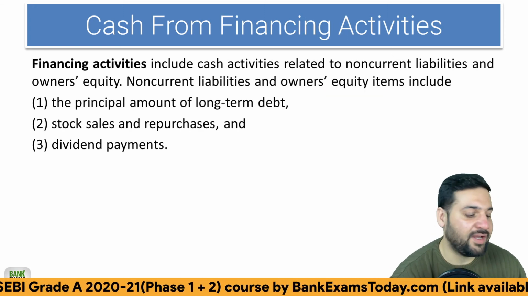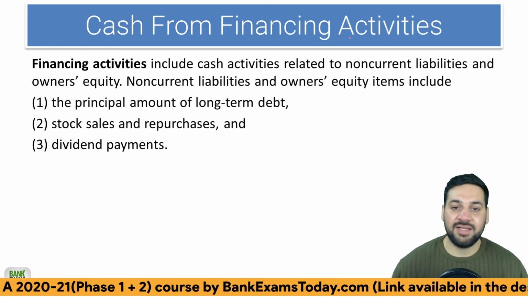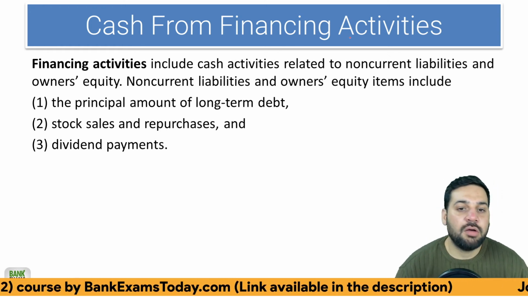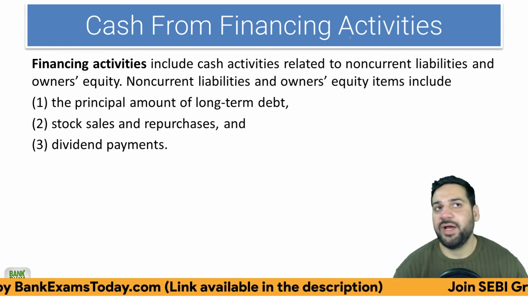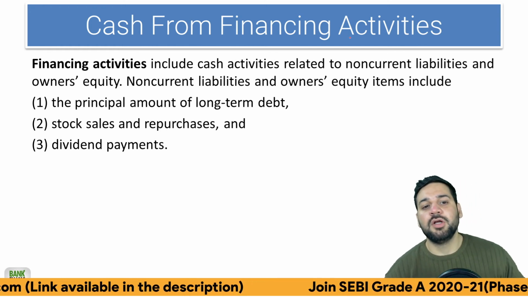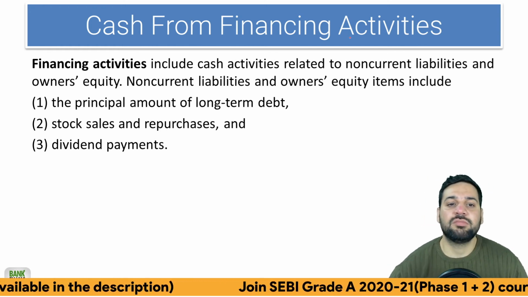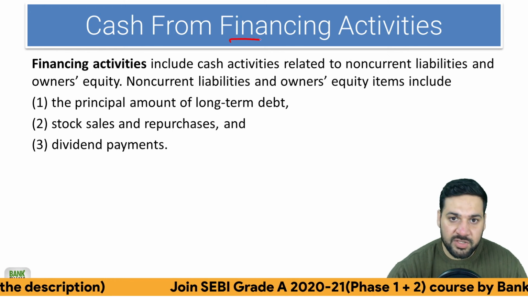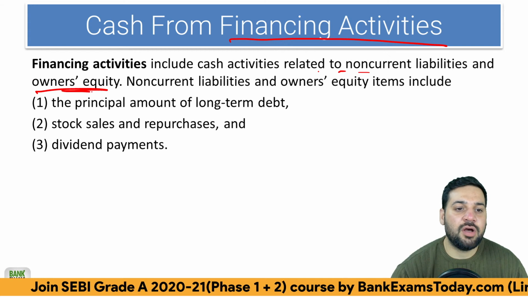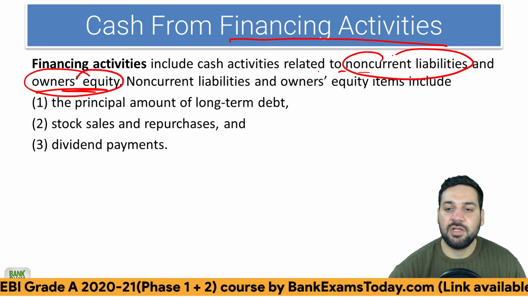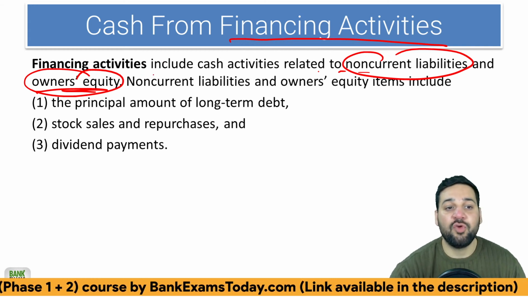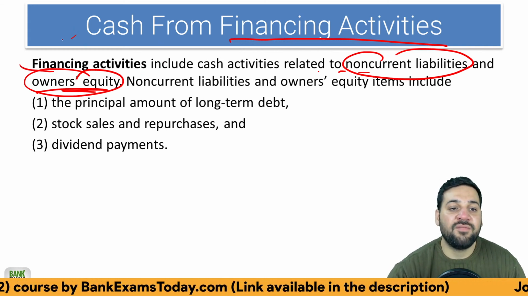The last one is the financing activity. As the name suggests, you need money to start a business. You need money to buy things; there are various financing needs. You took money from a bank. So the cash flows related to non-current liabilities, the long-term loans, and the owner's equity would be cash from financing activities.